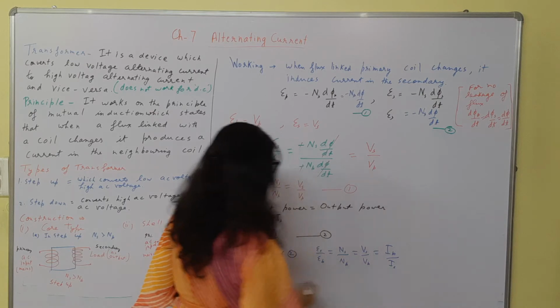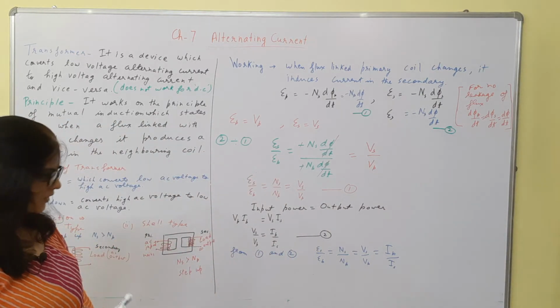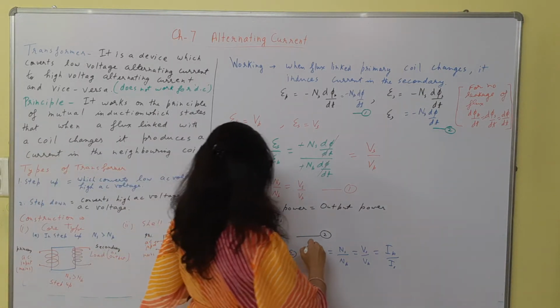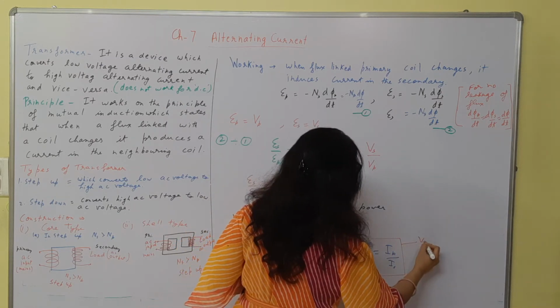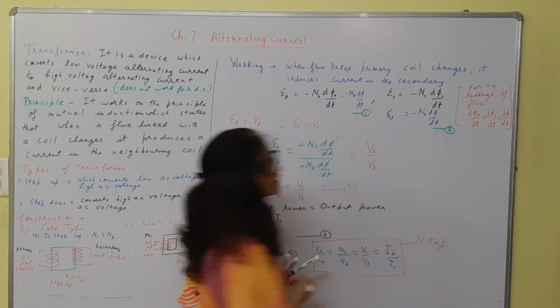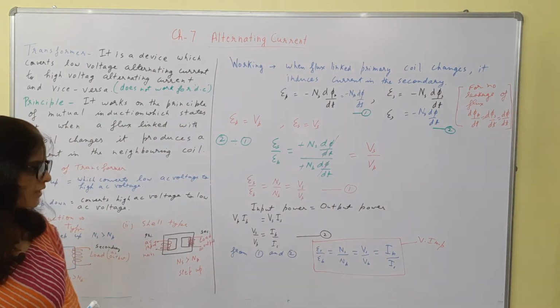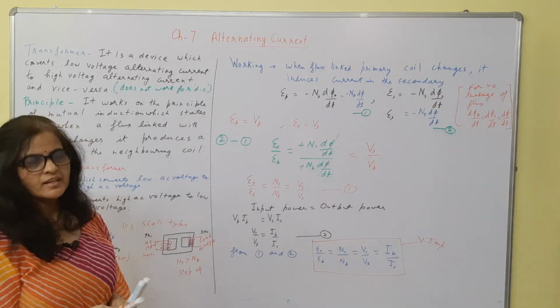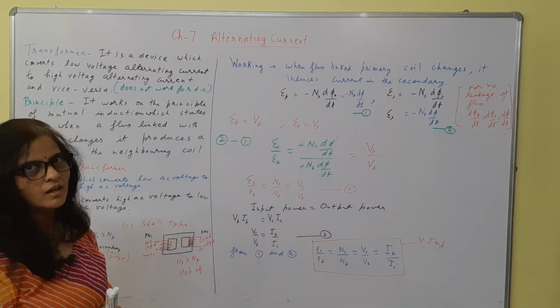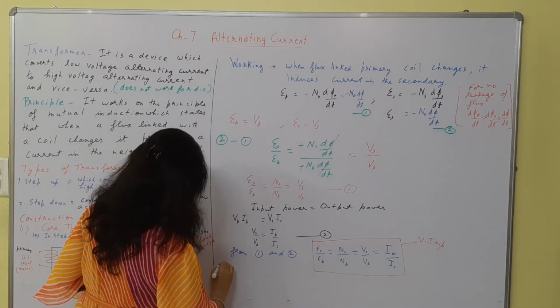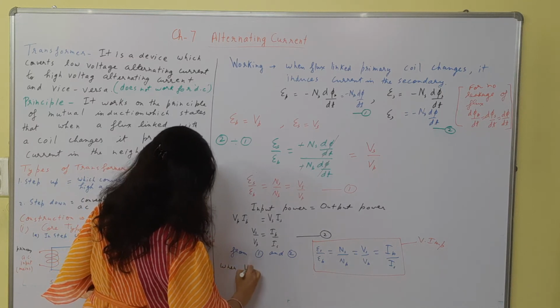Inverse proportionality. So this is an important result which tells us that the transformer does not violate the law of conservation of energy. Why? Because when voltage is high, the current is low, and when current is high, the voltage is low.